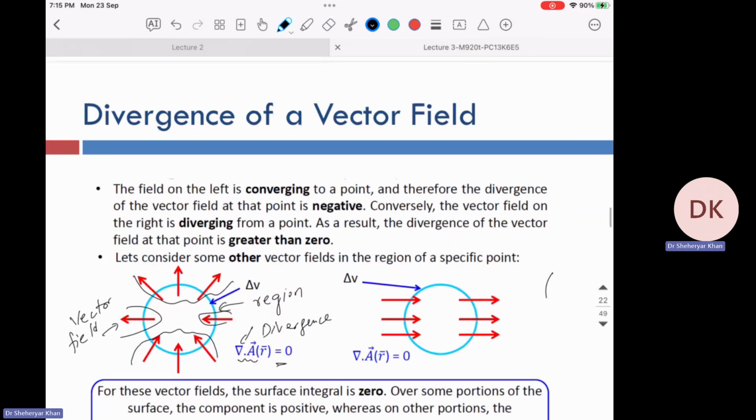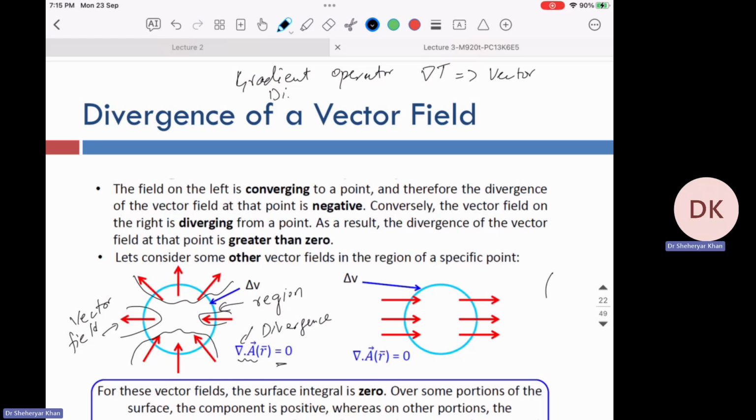In our previous discussion, we saw the gradient operator, which is del on T. That's what we call the gradient operator. T is a scalar quantity, and the resulting answer is a vector.